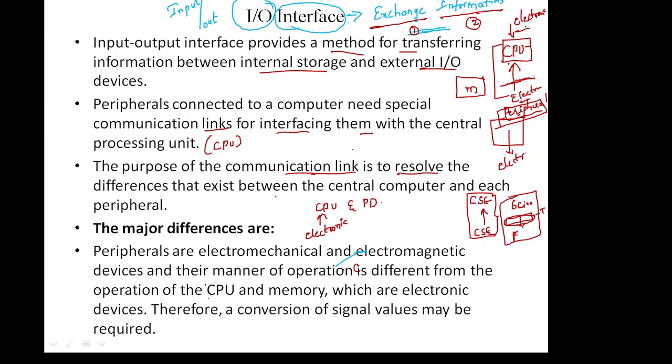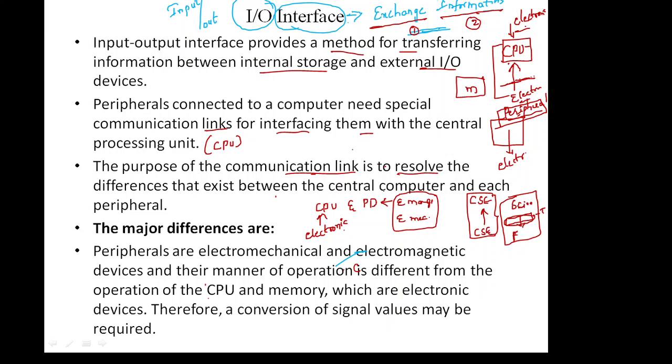But the peripheral devices are electromagnetic or electromechanical devices. So we can't transfer these electromagnetic and electromechanical signals to the electronic machine. That is one major difference.